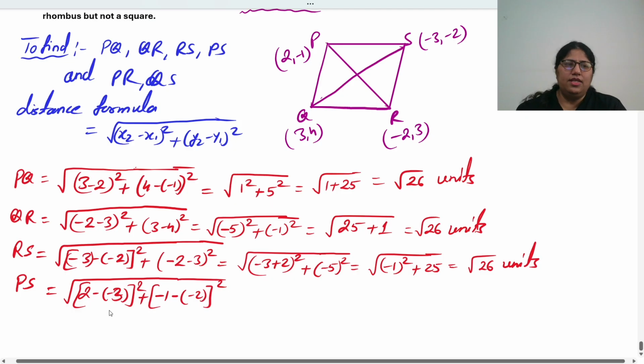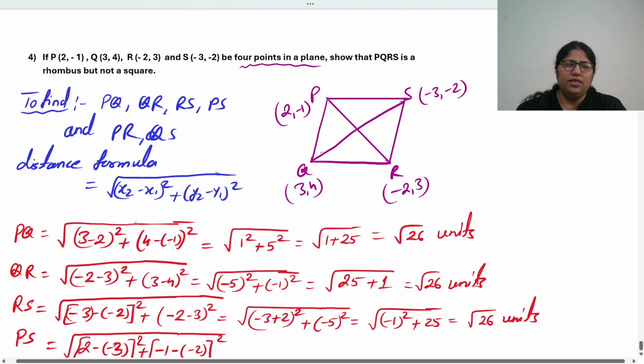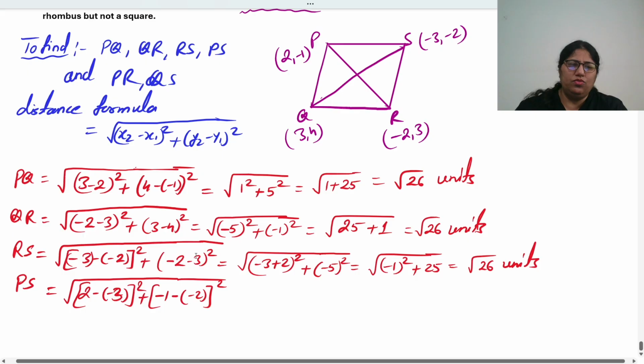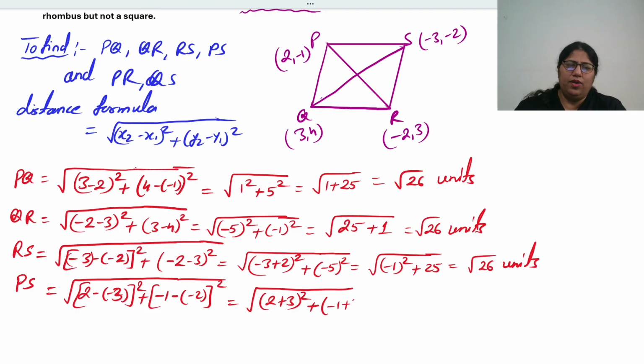You can see that 2 minus minus 3 plus minus 1 minus minus 2. Now if I do further simplification, it is 2 plus 3 whole square plus minus 1 plus 2 whole square, correct? 3 plus 2, which is 5 square, plus 1 square, which is nothing but root 26 units, right?